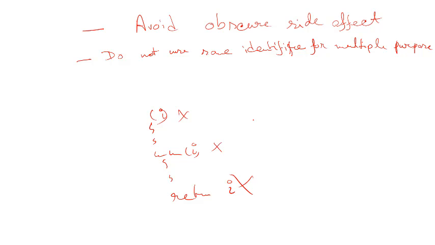Programmers often use the same identifier to denote several temporary entities, to use a short memory location. Obviously, if you use a single variable, the memory use will be small, but if the programmer uses multiple variables, then the memory use becomes higher. Some problems may arise from this.